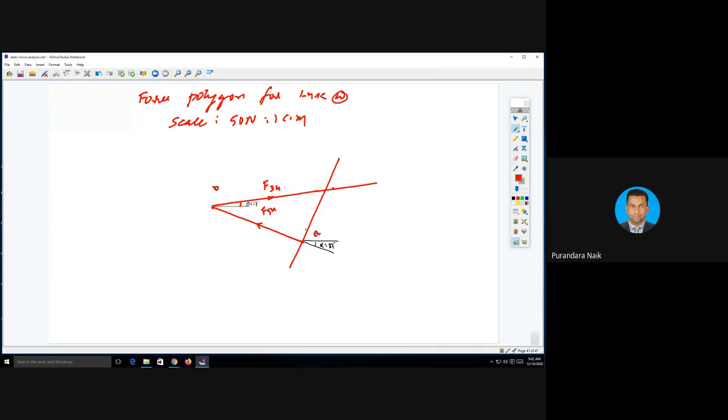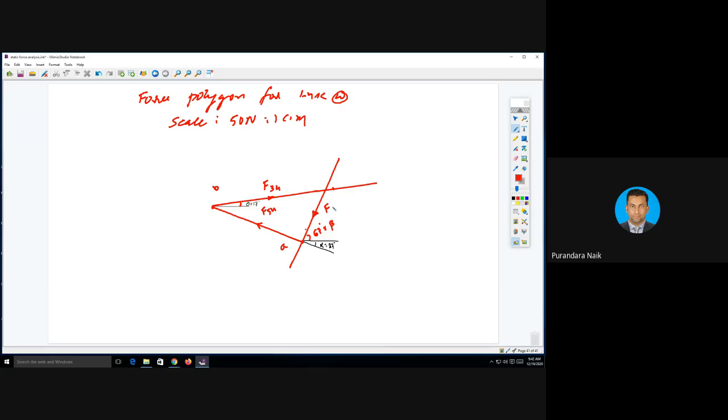67 degree. I take point A and mark it here. So this is 67 degree, equal to beta. This will be opposite, not that side, this one. If it is closed, this is like this and this is like this, it will be like this only.